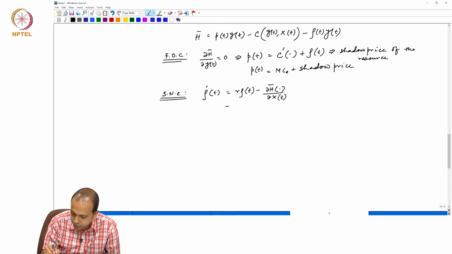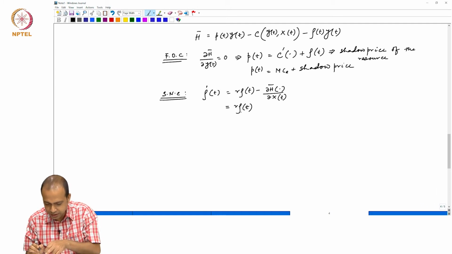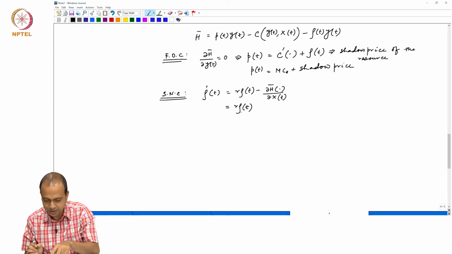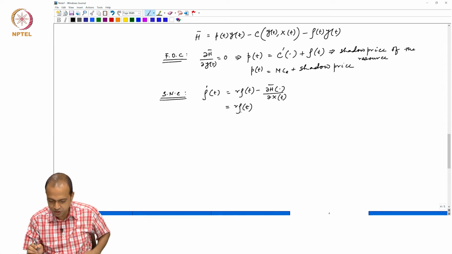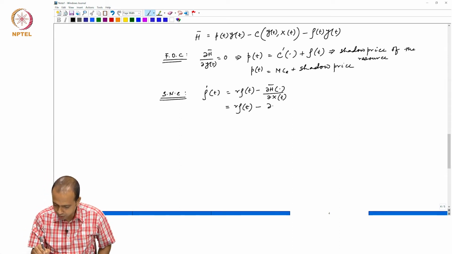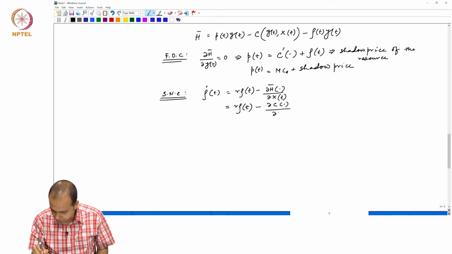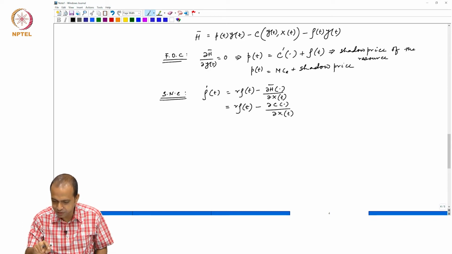Now, from here what I can write, R into rho t, and this del H bar del x t, if you differentiate this function with respect to x t, so that means x is appearing only here in the C function, what I will get, this I will get del C del x t, because there is no other place where x is appearing, x is only here.